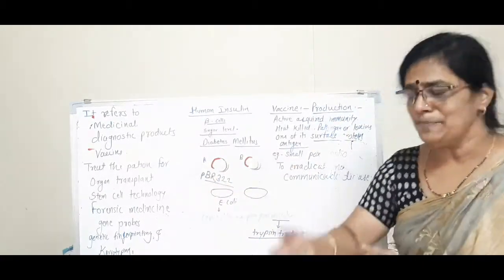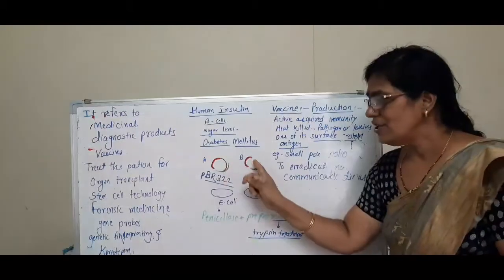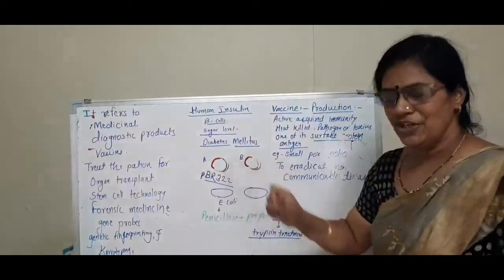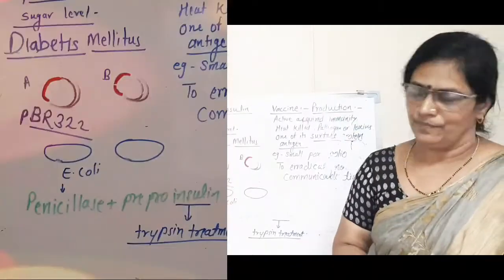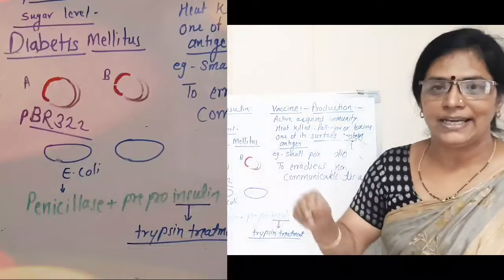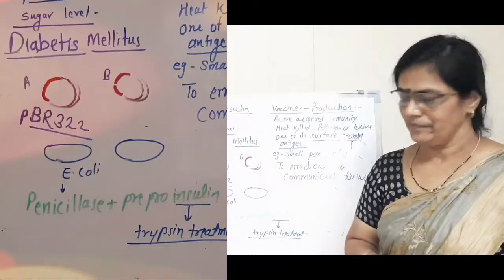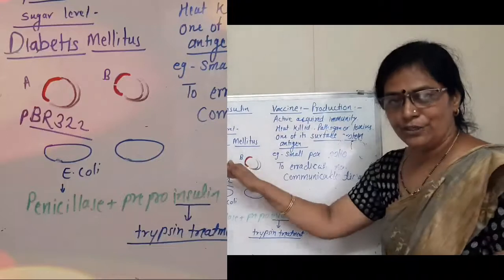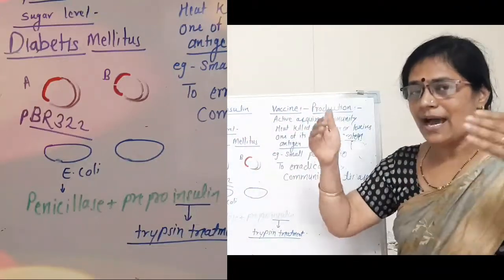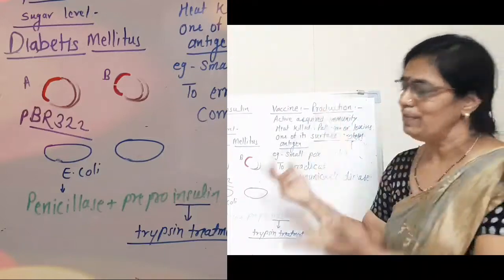So in such a plasmid, these two chains are inserted, especially in pBR322. P means plasmid, BR stands for Bolivar and Rodriguez, and 322 is the number. In pBR322, the insulin gene or the two chains are separately inserted in two plasmids.